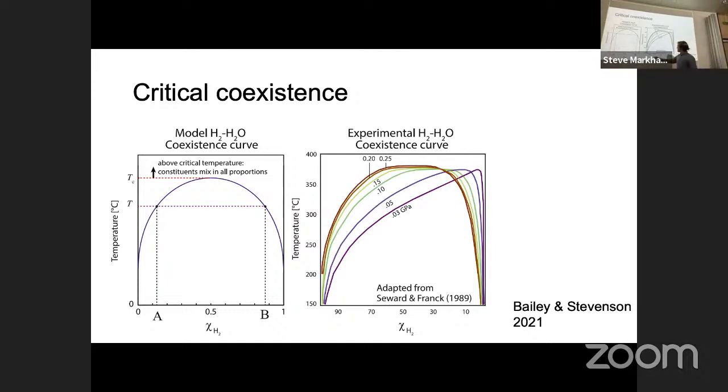So the way to think about this is that you have on this side, pure hydrogen, and on this side, pure water. At low pressures, then the ideal gas approximation is relatively accurate.